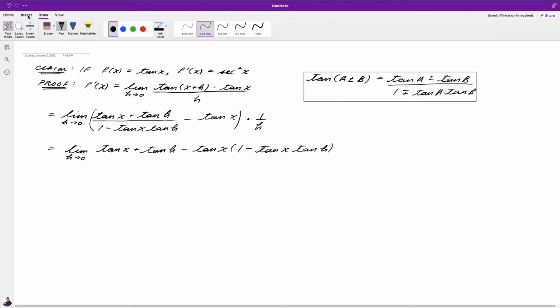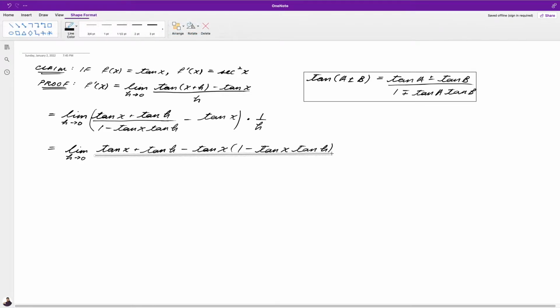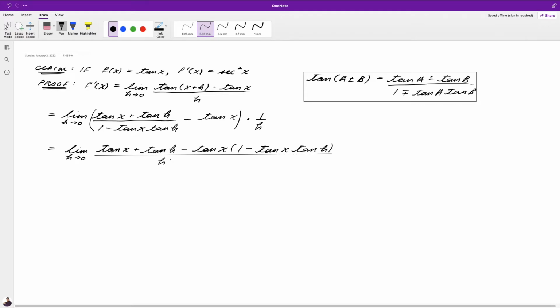Common denominator. I'm not brave enough to make this line straight, so I'm going to cheat. There we go. And of course, we're going to have an h here. Let's not forget about that. But we're also going to have now this common denominator factor 1 minus tan x tan h. So let's make sure we get that in there, just like so.